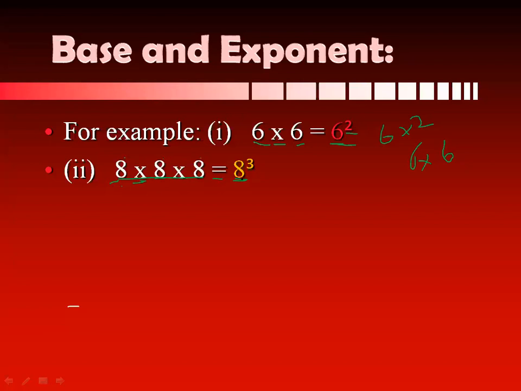So it can be written as 8 with 3 on top. This 3 indicates that it is going to multiply 3 times, and the number which is multiplying is 8. So 8 raised to the power 3 means 8 is going to multiply 3 times.